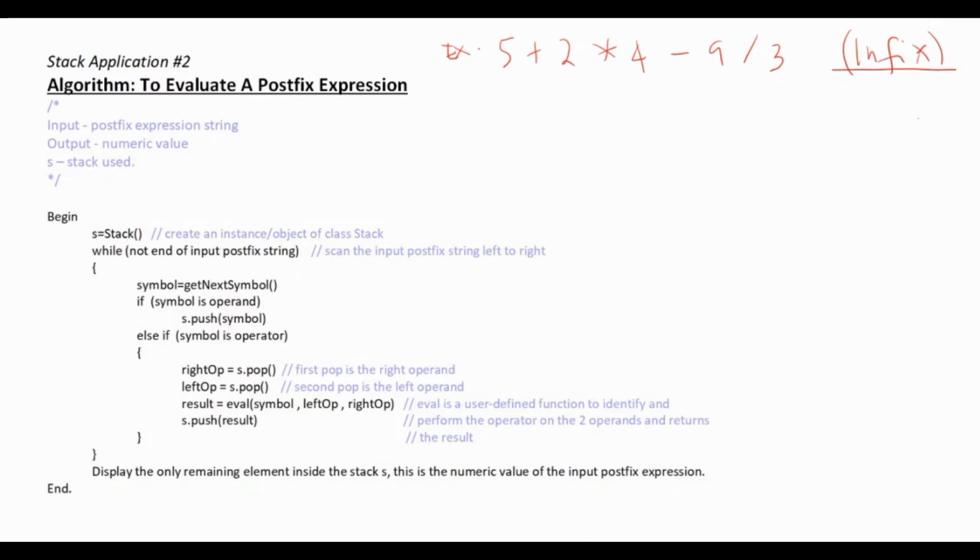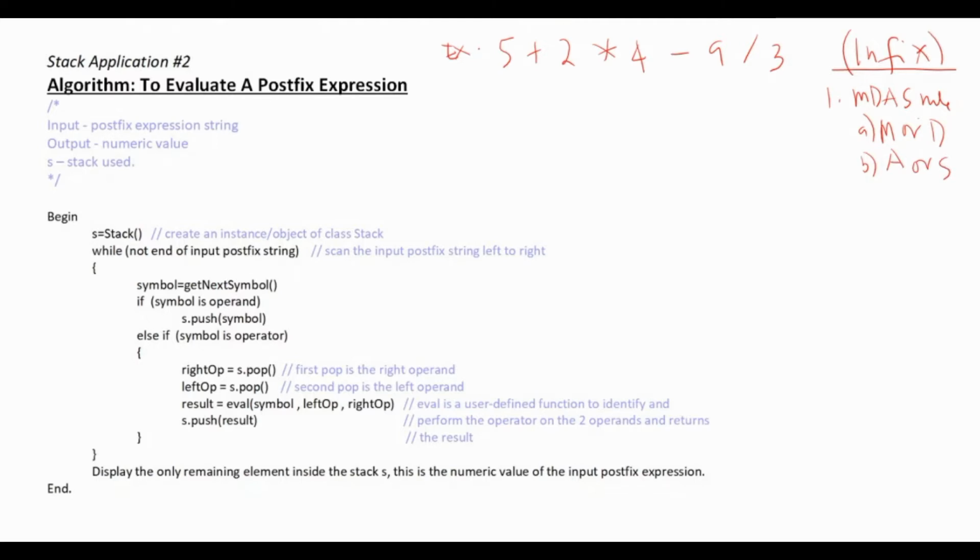Recall that to evaluate an infix expression, we are to follow the MDAS rule. The MDAS rule states that the first priority to be evaluated is the multiplication or the division, and second is the addition or subtraction.